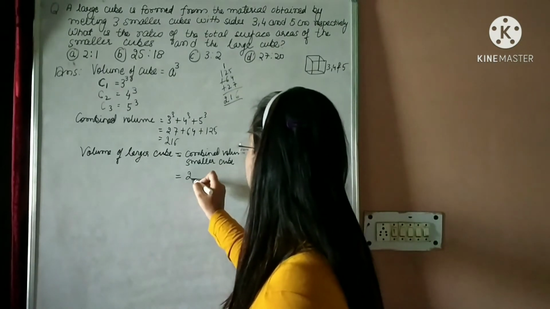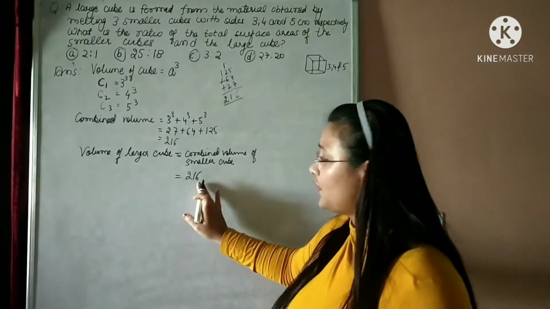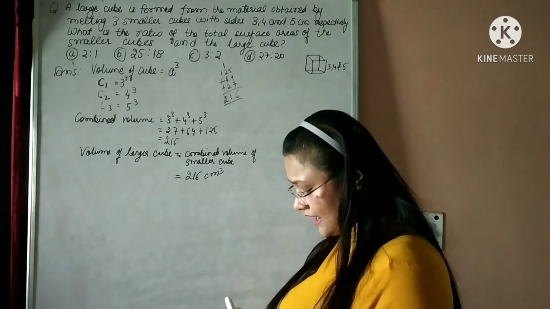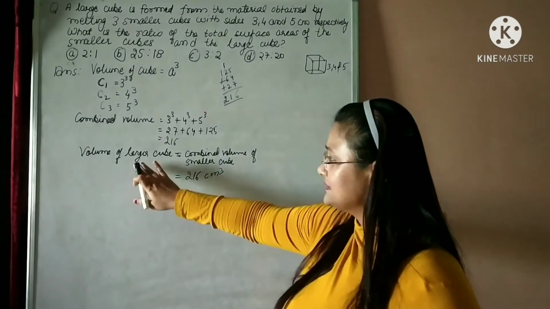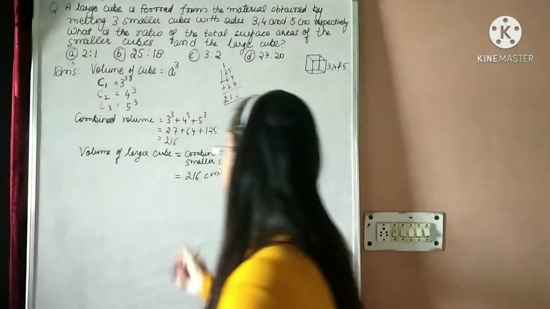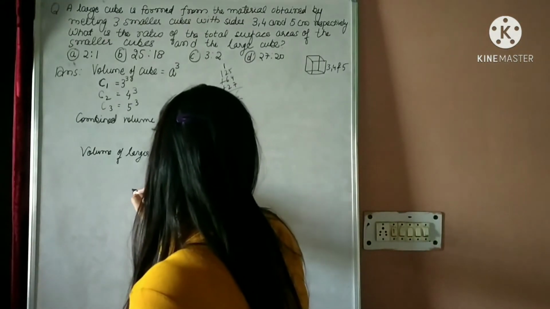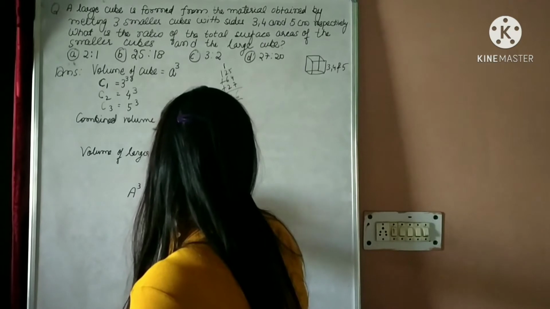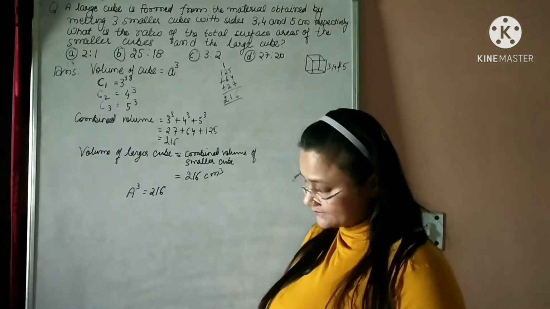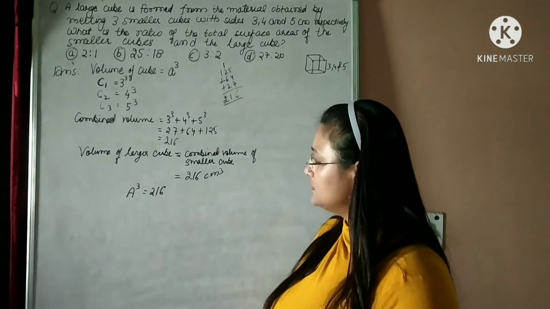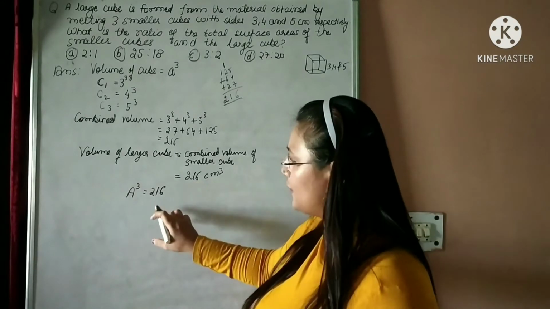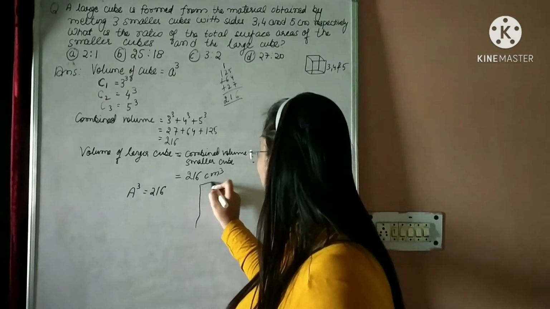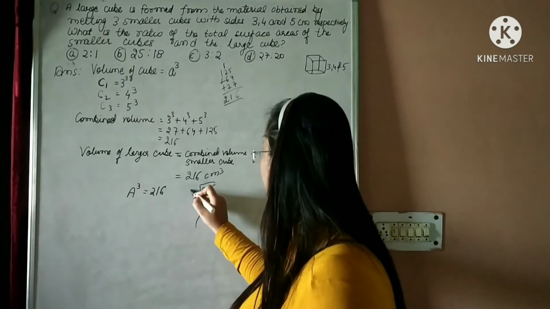It is 216 cubic centimeters. Now let us suppose the side of this cube is capital A. It means capital A cube is equal to 216. Now we can easily find the side. We will make factors of 216.